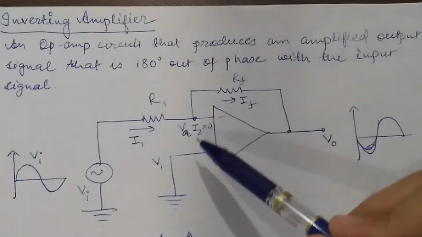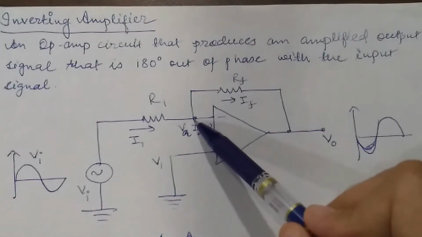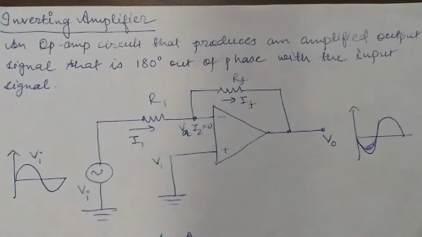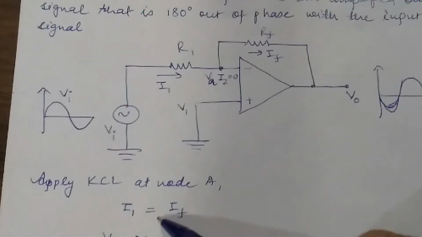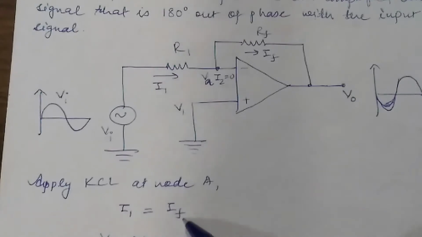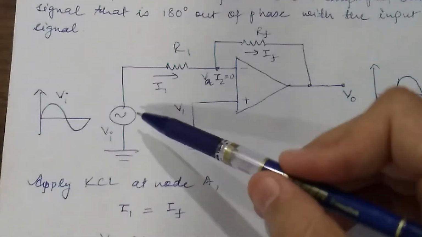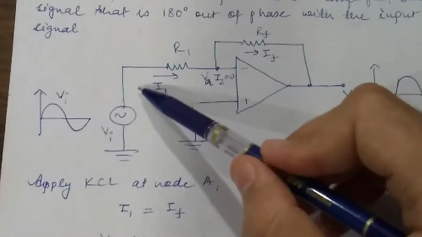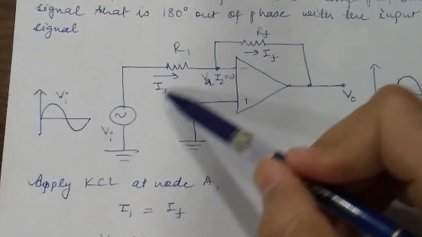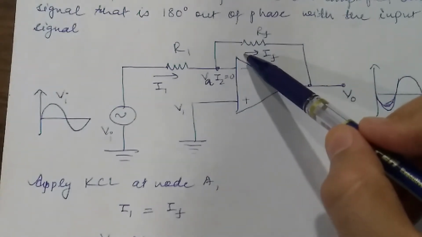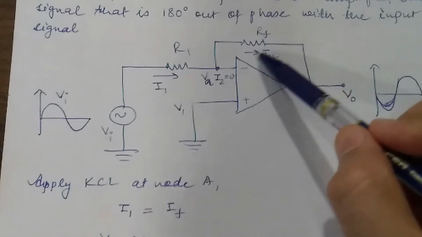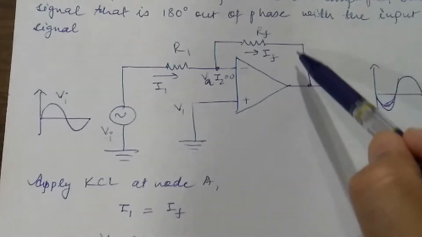We are considering a particular node, node A. Here you can see we are assuming two different currents, I1 and IF. I1 is the current flowing towards the inverting terminal, and IF is the current flowing through the feedback circuit.